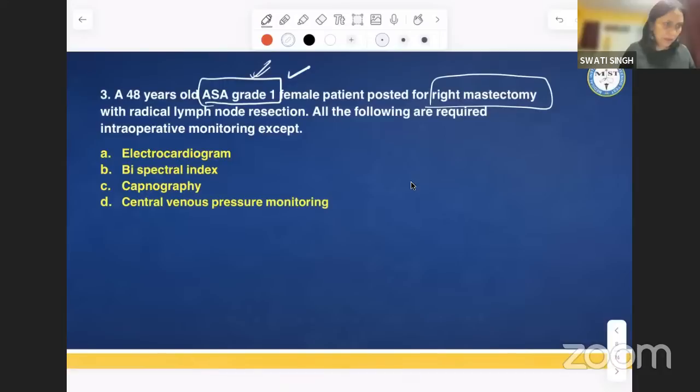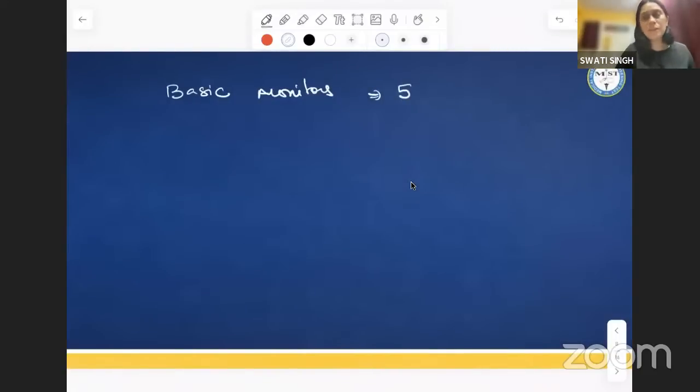But guys, why are some of you answering incorrectly? Some of you are giving me the right answer. At this level, I don't want any confusion. So we'll discuss first and then we'll come to the answer. Kaushal, Priya, Lily, Neha, all have given me the right answer. Okay. So basic monitors. There are 5 basic monitors.